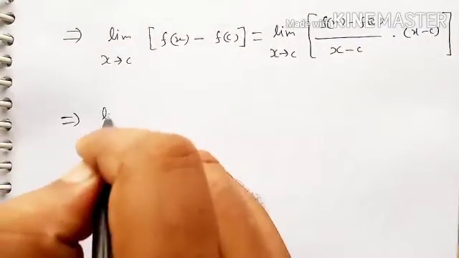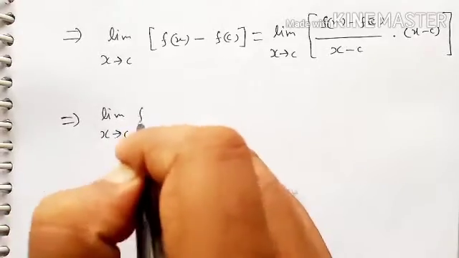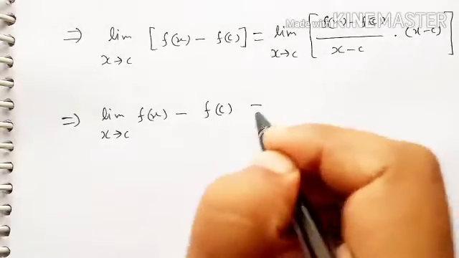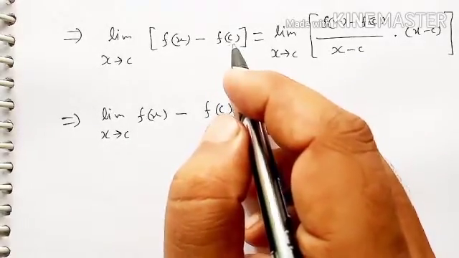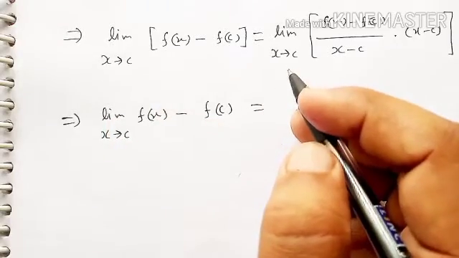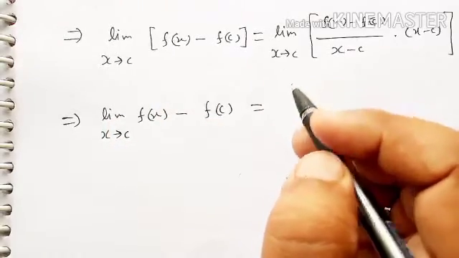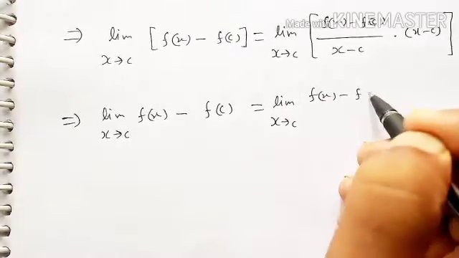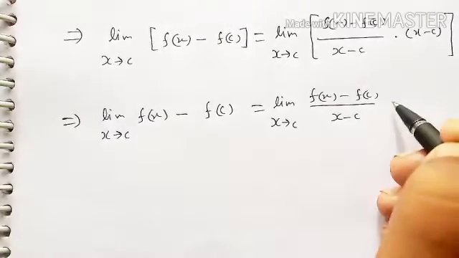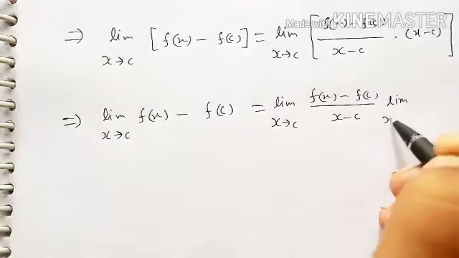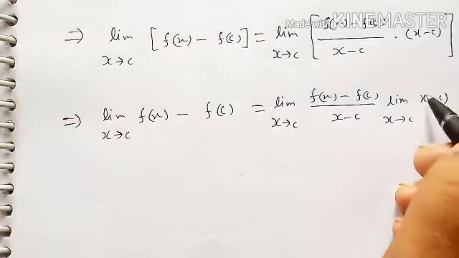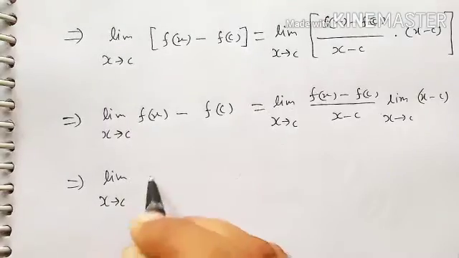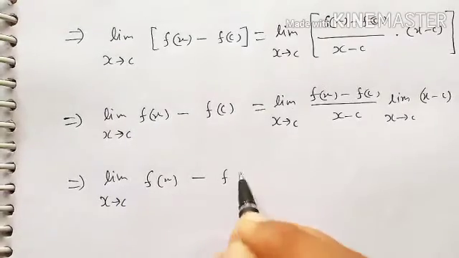This implies that limit x tends to c, f of x minus f of c, because this is constant and it is unaffected by the limit. Here we have limit x tends to c, f of x minus f of c by x minus c, into limit x tends to c, x minus c. Here we have limit x tends to c, f of x minus f of c.